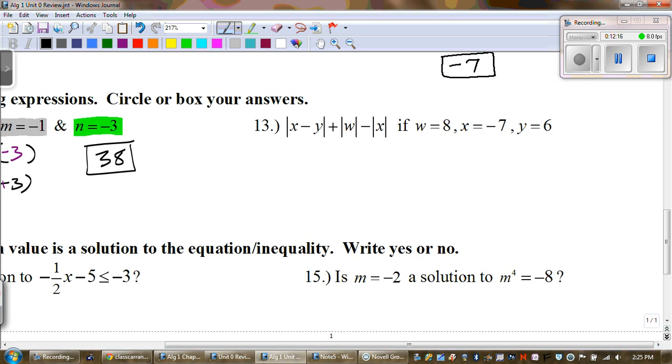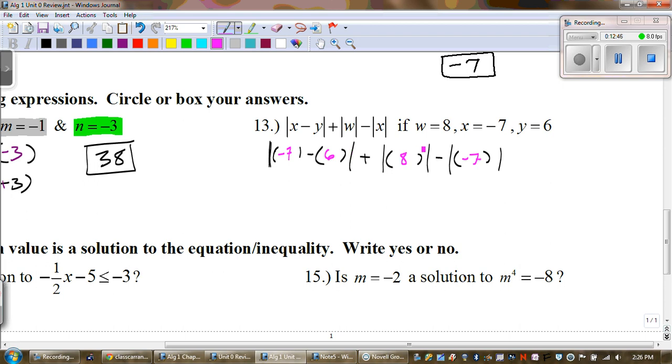Okay, now order of operations. We have to do everything inside the parentheses or absolute values first. So x is -7, y is 6, and w is 8.